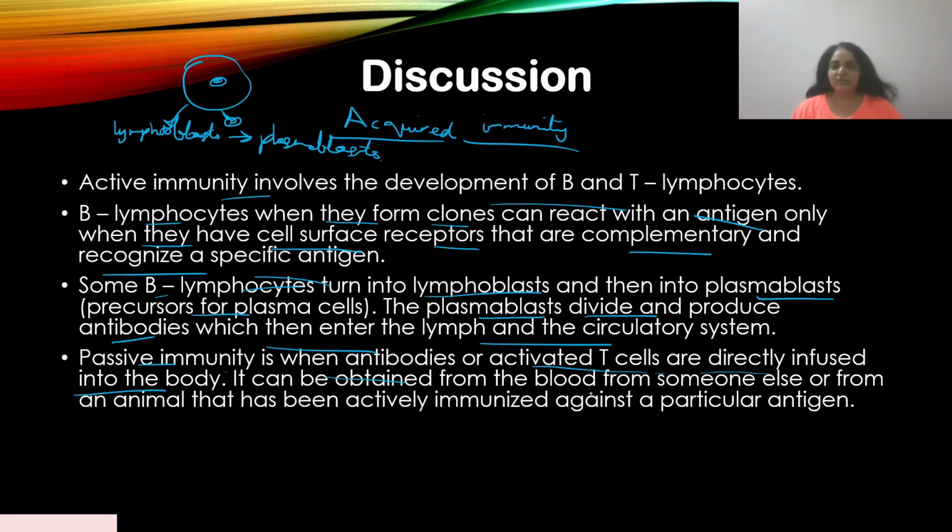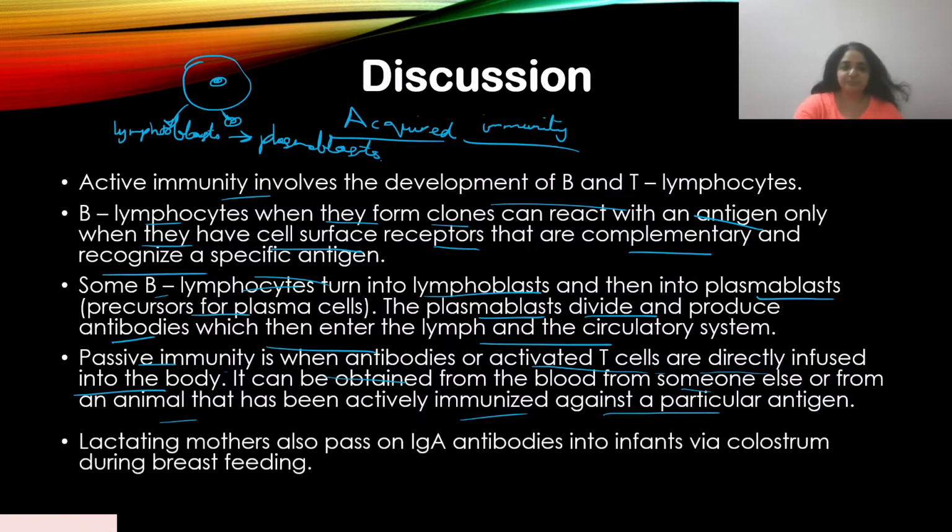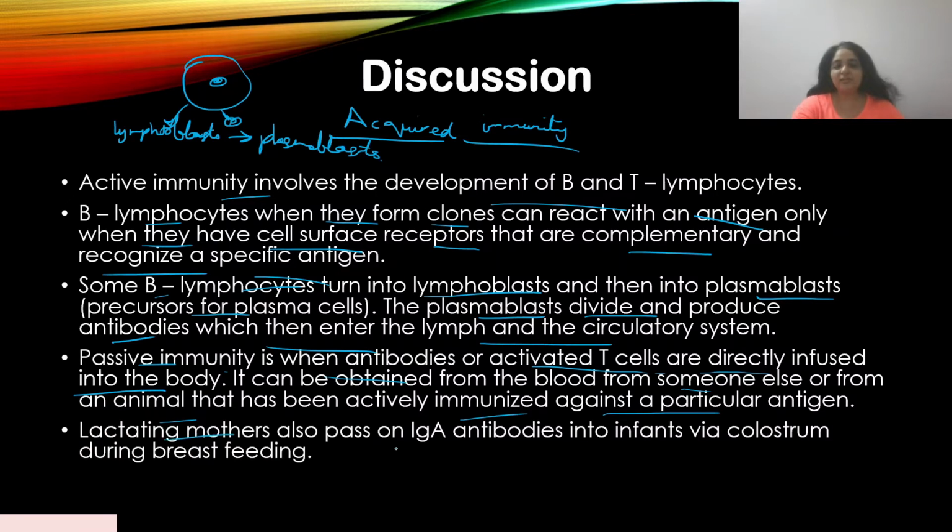Now, it can be obtained from the blood of someone else or from an animal that has been actively immunized against a particular antigen, like I previously explained. Lactating mothers also pass on IgA antibodies to infants via colostrum during breastfeeding. Colostrum is the milk that comes out from the breast a few days before and after parturition.